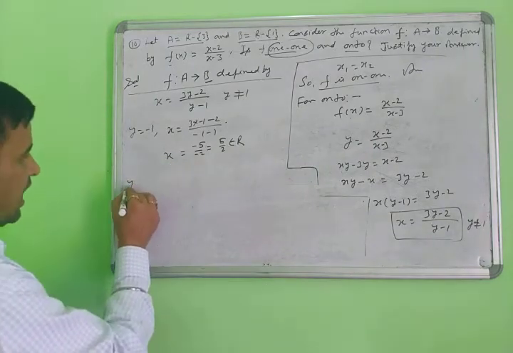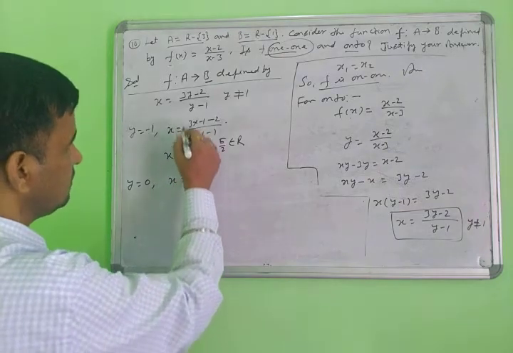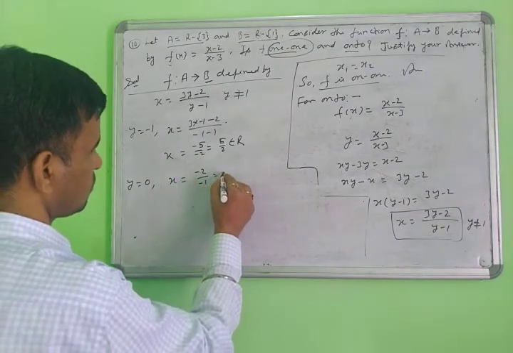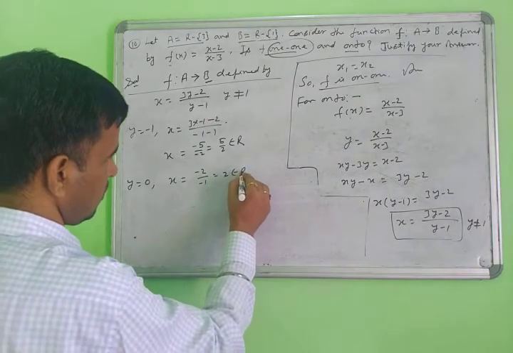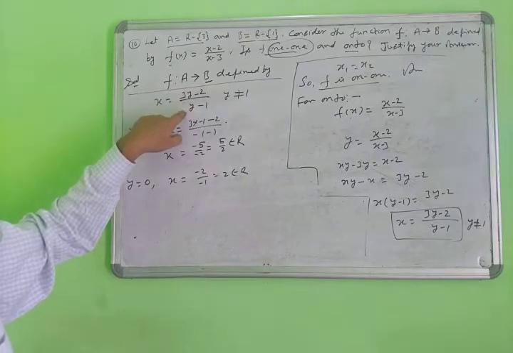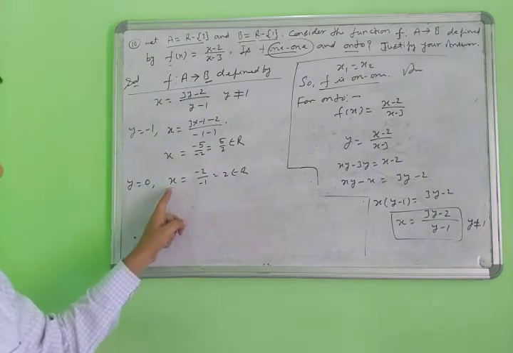Suppose you put y equal to 0. Then the value is minus 2 upon minus 1, which is 2. This also belongs here. So if you put any real number value here, it will have a unique pre-image in the domain.